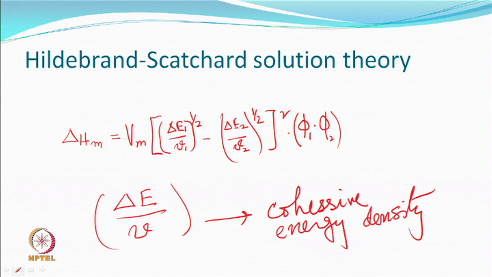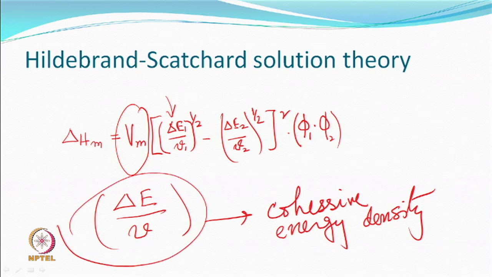So, there is this solution theory proposed by Hildebrand and Scatchard, which talks about how can you calculate the heat of mixing. So, heat of mixing, let us say there are two solvents or a solute and a solvent, then it is related to this term which is the total volume of mixing, also is related with a term called cohesive energy density.